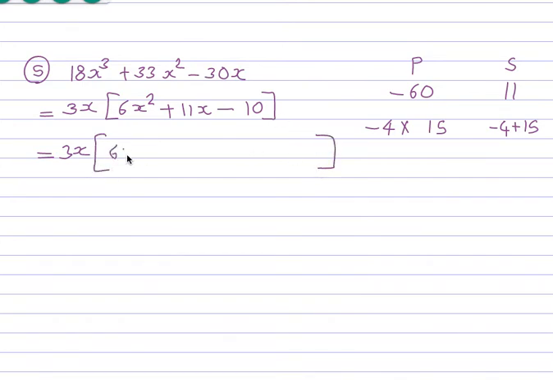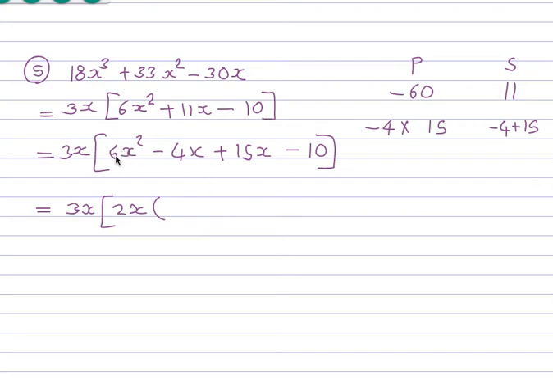Now write the first term and last term as they are, just split the middle term. So we can write negative 4x and positive 15x. It means this is 11x, right? Write 3x as it is. Now we got 4 terms. So from the first 2 terms we can take common 2 and x.